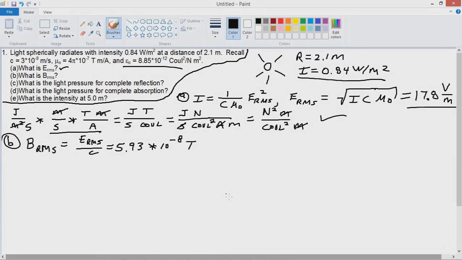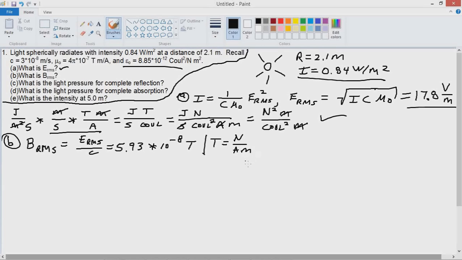Okay, let's see. Double checking units again. Before we said a Tesla was a Newton per amp meter.